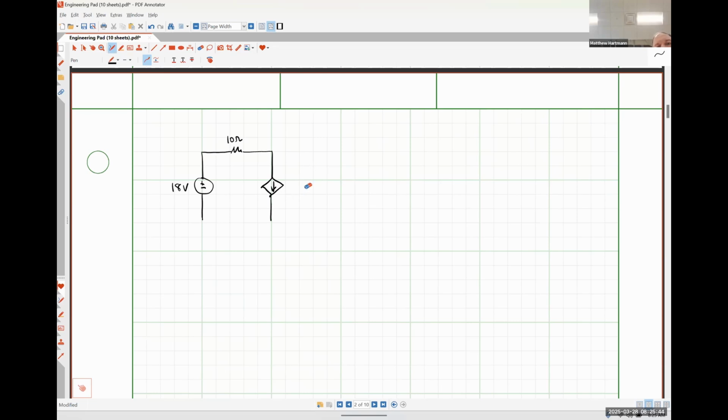Actually, let's make that 1/4 Vx, just because I'm worried about that being ridiculously large and giving us weird values. Let's make this guy a 6-ohm resistor, this guy an 8-ohm resistor, and let's make this guy 15.